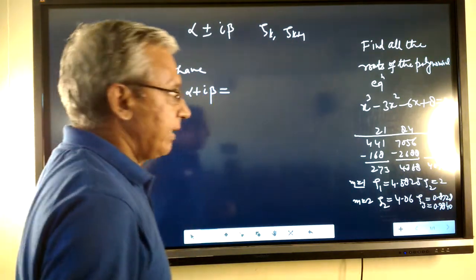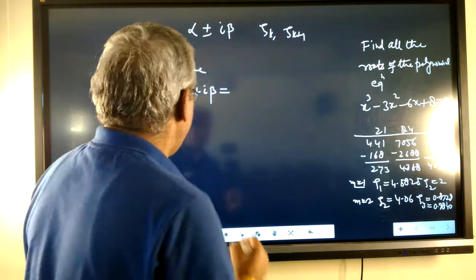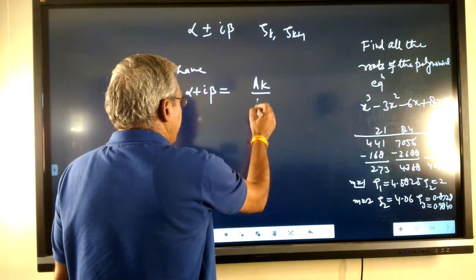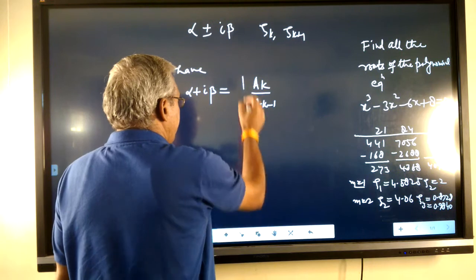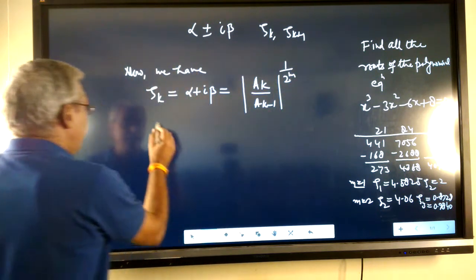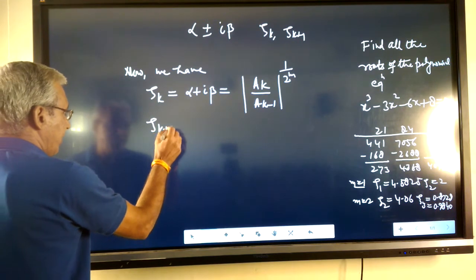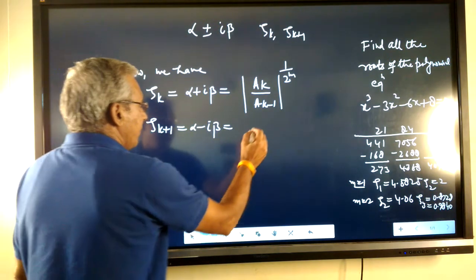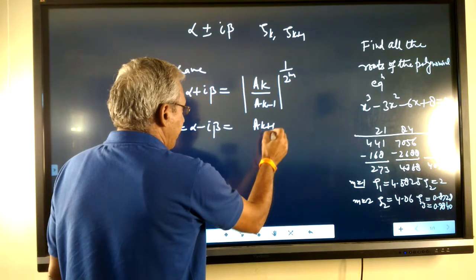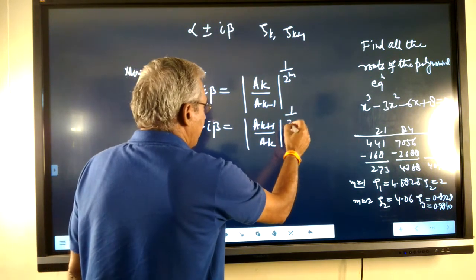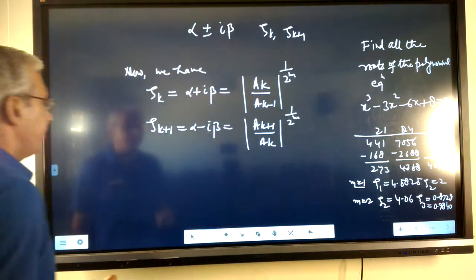We know the formula of Graeffe's root squaring method for xi k is the absolute value of ak upon a k minus 1 to the power 1 upon 2 to the power n, and xi k plus 1, equal to alpha minus iota beta, is a k plus 1 upon ak to the power 1 upon 2 to the power n.